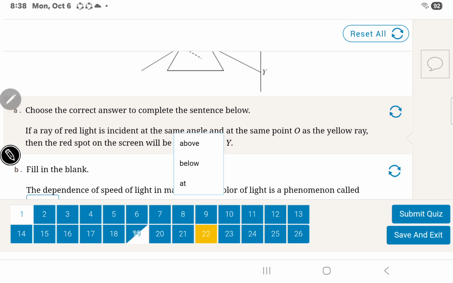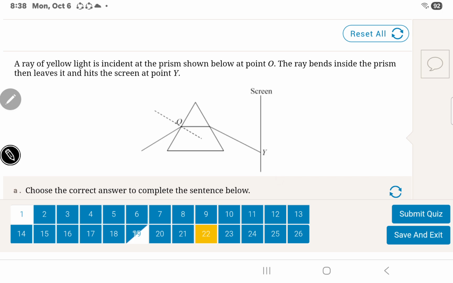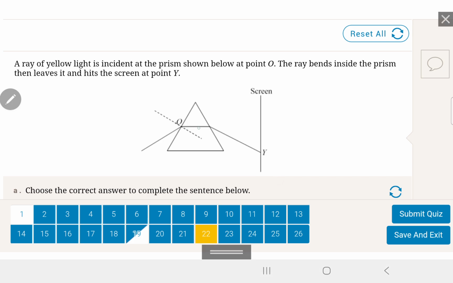Okay, here if the red instead of yellow, we know that in dispersion, when white light comes like this, it refracts like this. So here we'll have Roy G. Biv, which means red, orange, yellow, green, blue, indigo, violet.